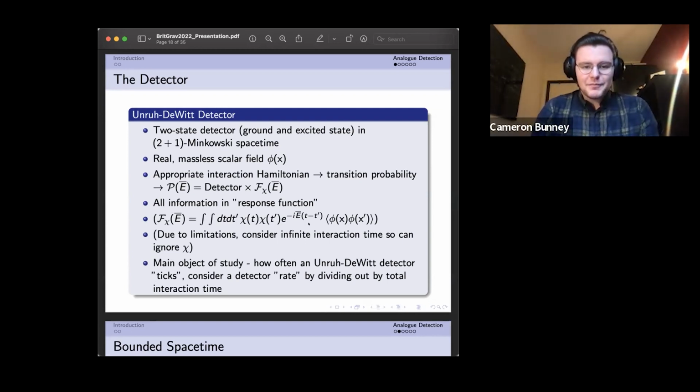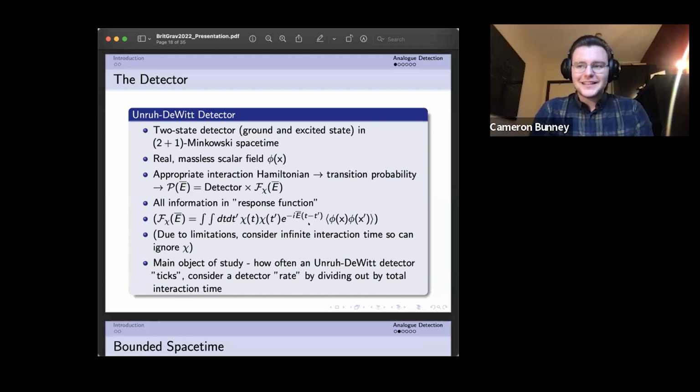If we do this, and if we have a stationary trajectory, such as uniform circular motion, and measure with respect to a stationary state, then this expectation value we find in response function is actually also only a function of t minus t prime.